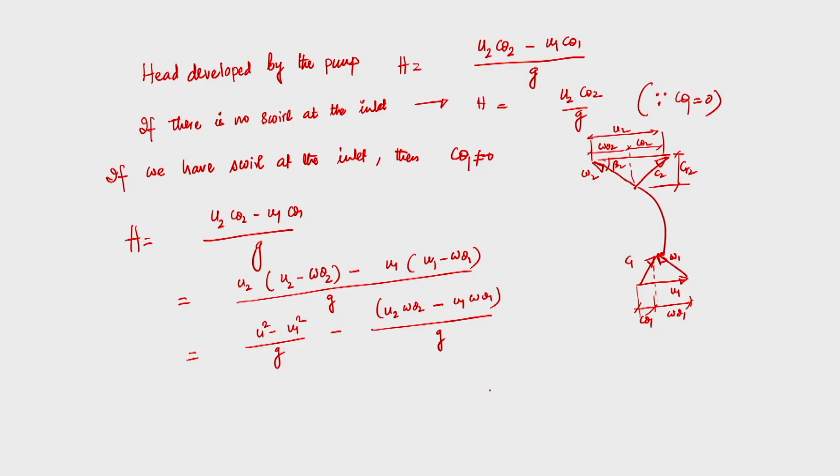Now, we have discussed that if it is a purely radial flow machine, I can discuss that. So, if I go to the next slide, what we have obtained is that the head developed by the pump can be written as (U2 square minus U1 square) divided by 2g minus (U2 W theta 2 minus U1 W theta 1) divided by g.